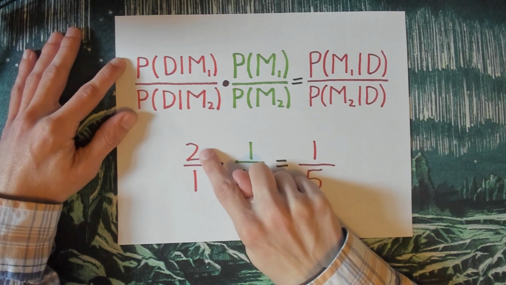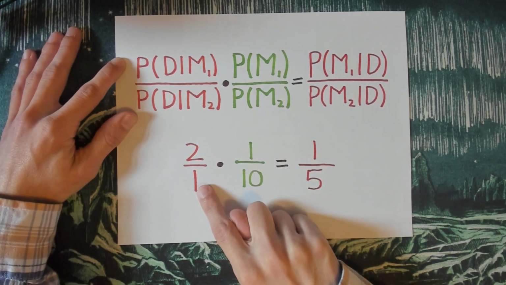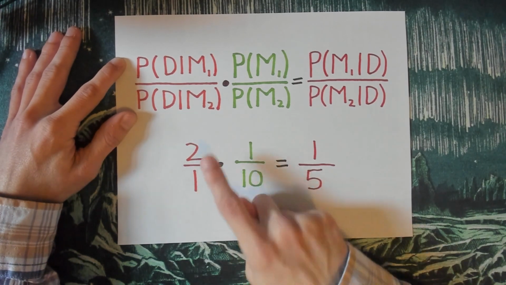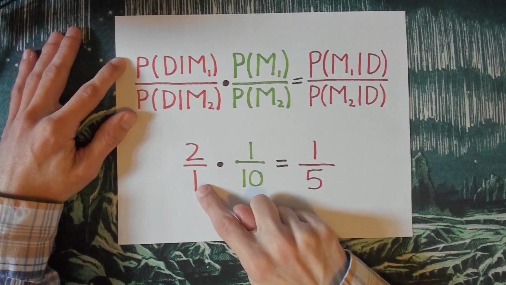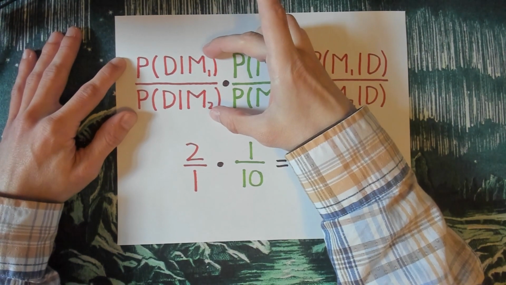Well, it's twice as likely to get the data that I've gotten under model 1 as it is under model 2. What that means is that model 1 explains my data better than model 2 does, in a 2-to-1 ratio. Now this thing is called the Bayes factor.